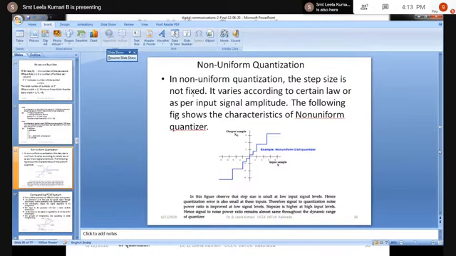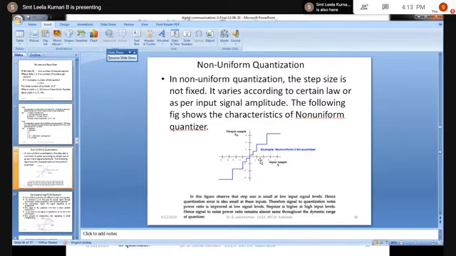So here, if you see this particular diagram, at the low levels the step size is less, and at the high, strong signals the step size is large. The step size is thus varied according to the signal levels to keep the signal to noise ratio adequately high.